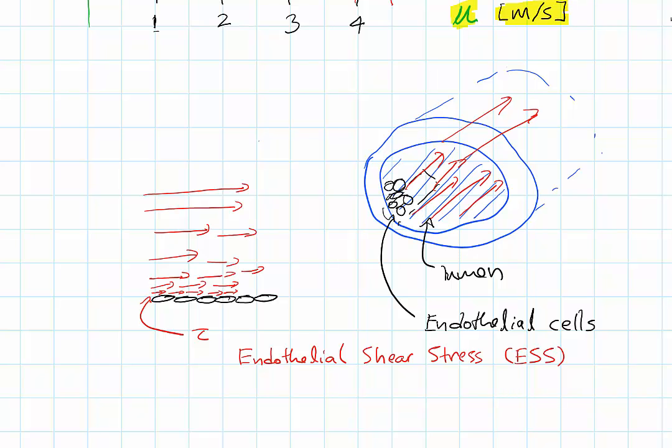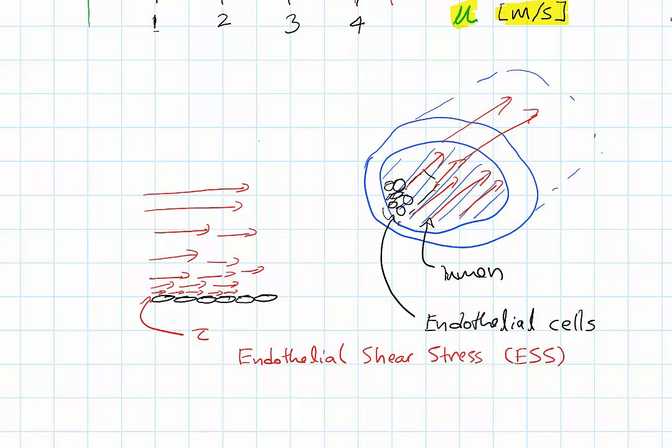So why do I mention this? It is because a lot of biomechanics or cellular biomechanics these days is dependent on the theory that a certain range of endothelial shear stress creates a certain biological effect.